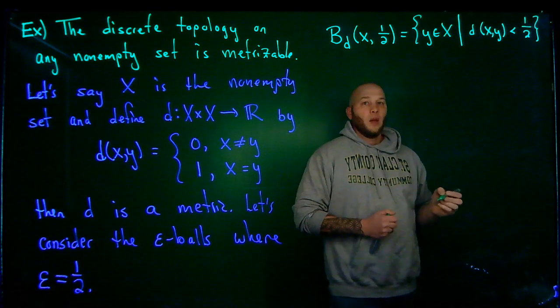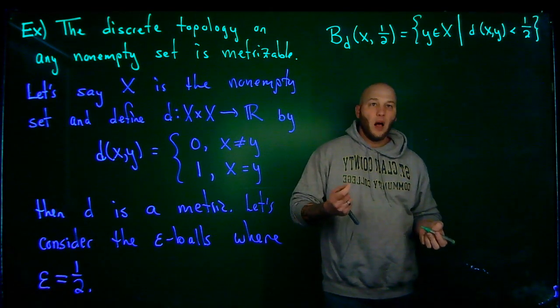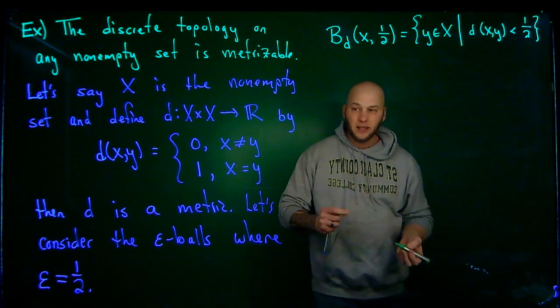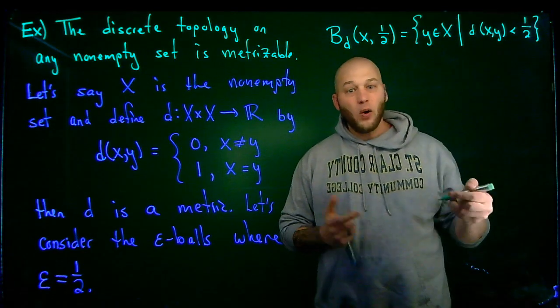Now, if I have this x value fixed, what other elements in this set have distance less than 1/2, or this d value less than 1/2 away from x?